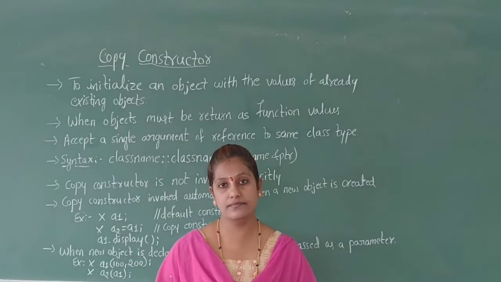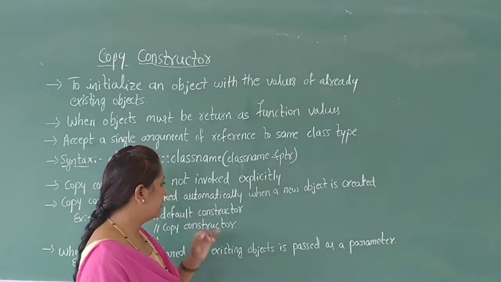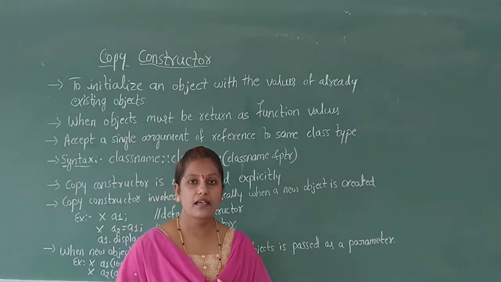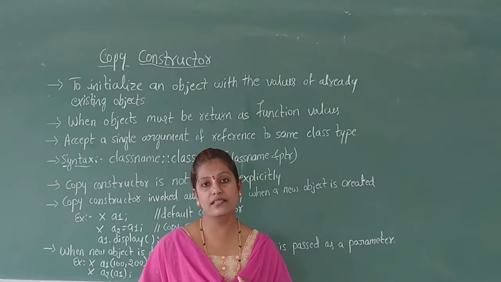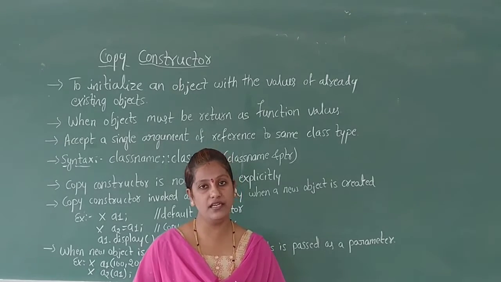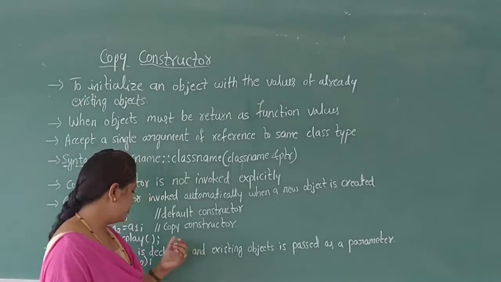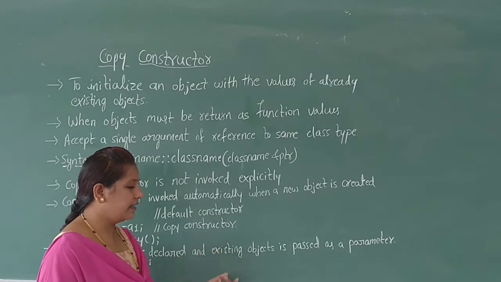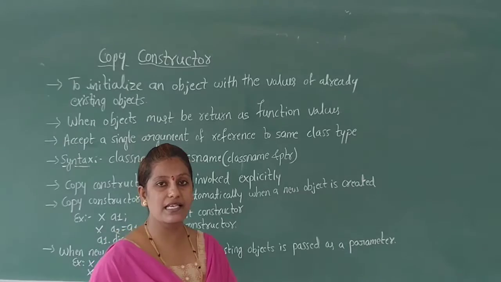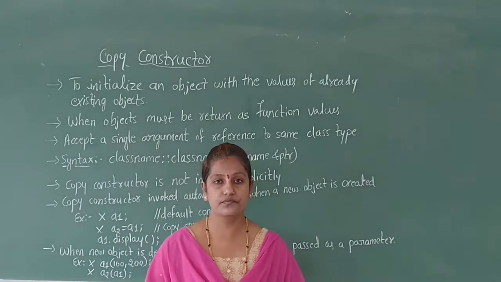One is when the object is created, then it copies the values of an already existing object in the declaration, and one more is when an object is declared and an existing object is passed as a parameter.